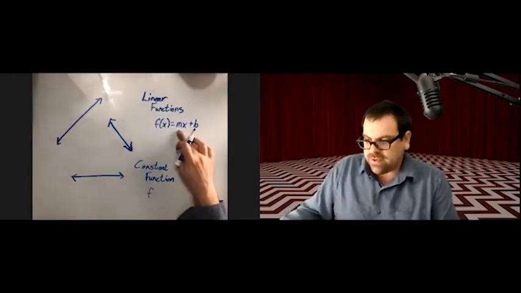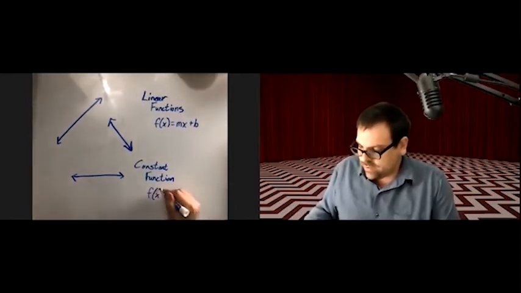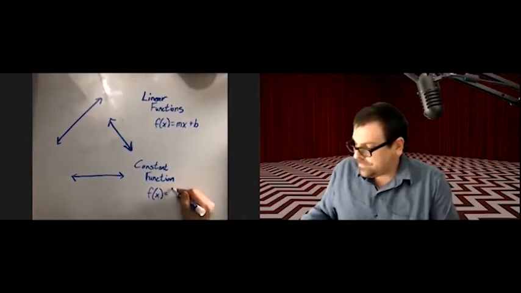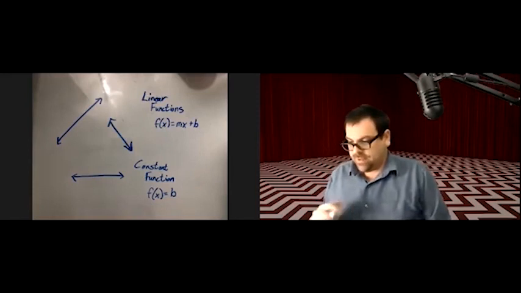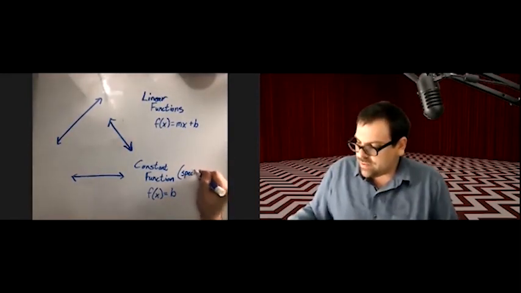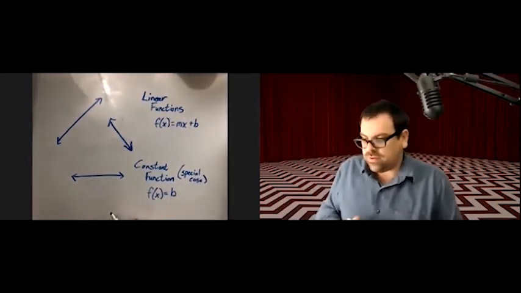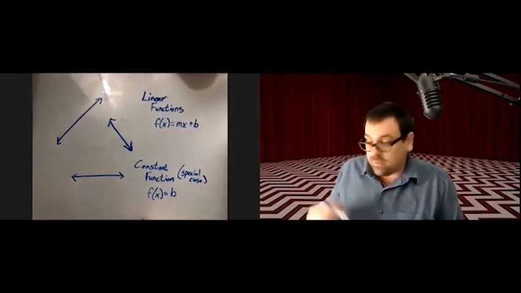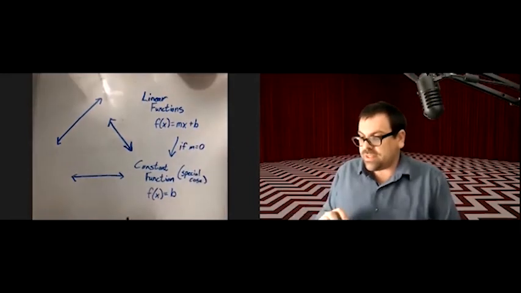That means the m is 0, which means that term goes away. So f of x equals b. So the constant function, that's a special case of the linear function. What's so special about it? If the slope is 0.